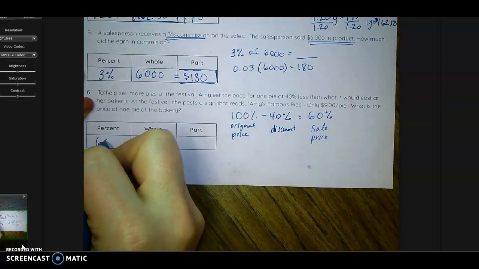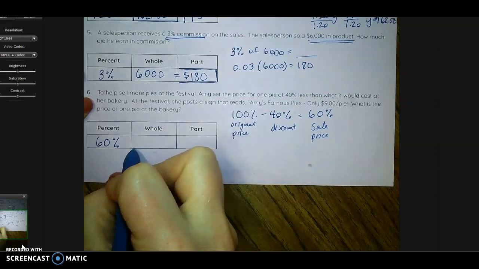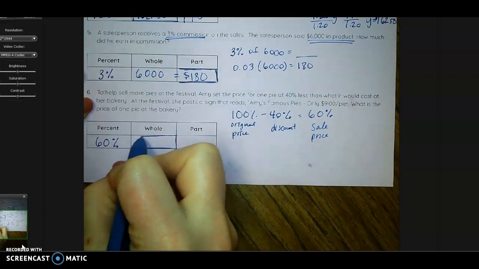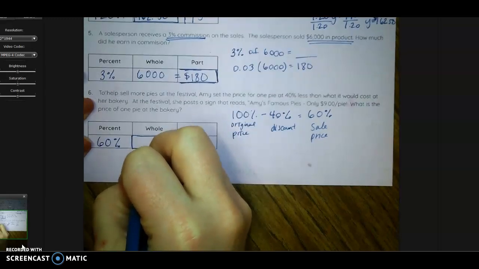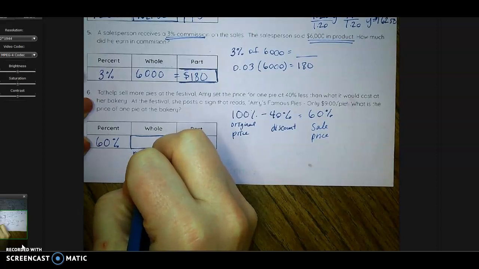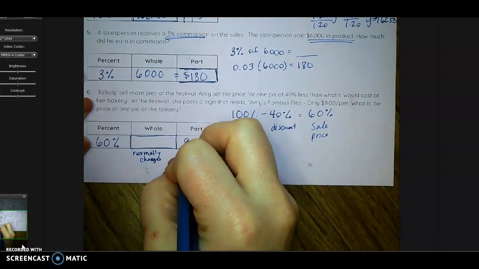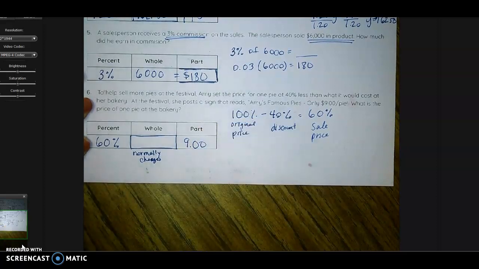So my percent is going to be 60% here. My whole is what she normally charges. The part is her sale price. Well, that's $9. So 60% of something is $9.